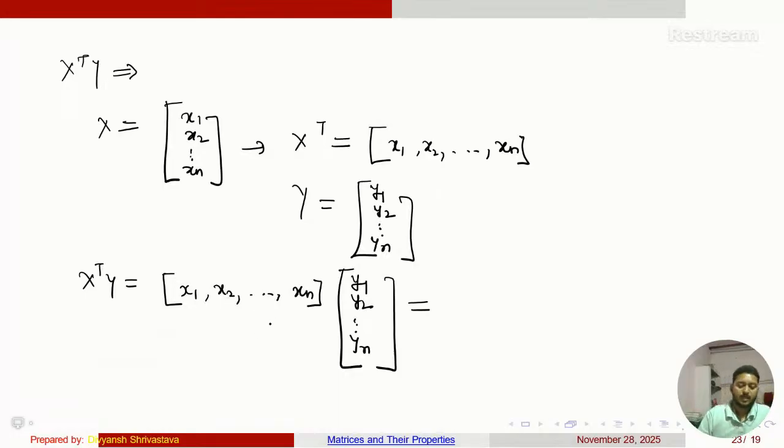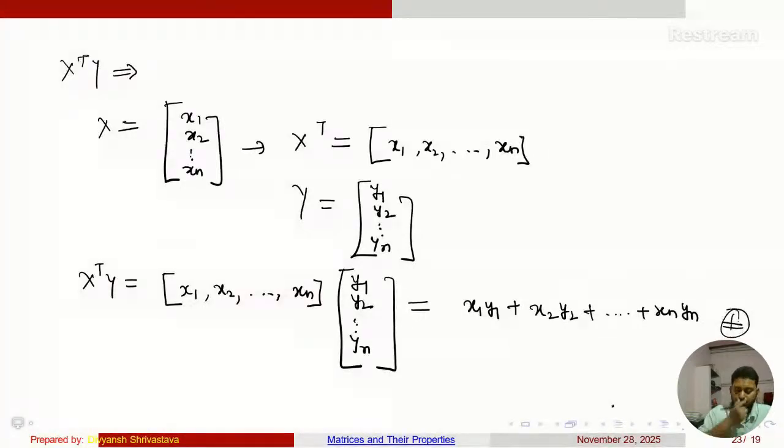So when we multiply these terms, it comes into one row form: x1 y1 plus x2 y2 plus ... plus xn yn. This value can be zero or non-zero for non-zero vectors x and y.